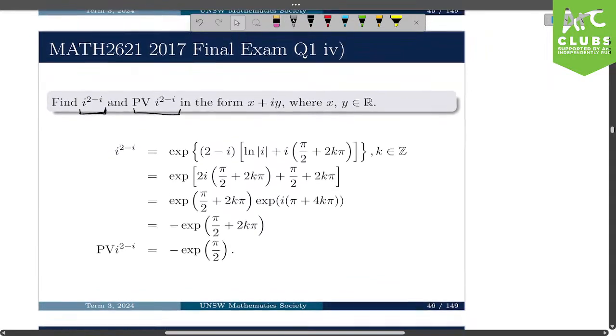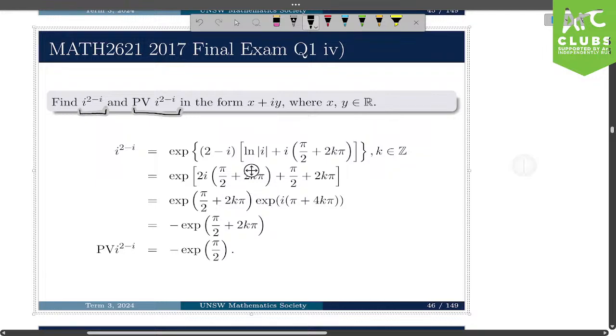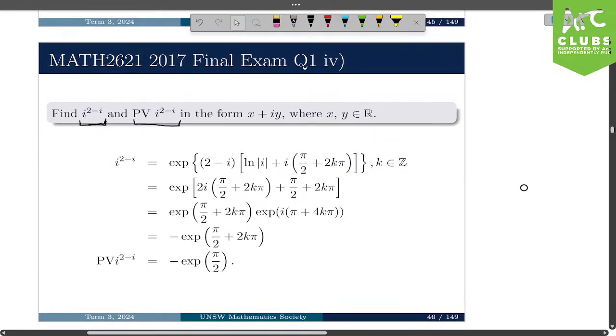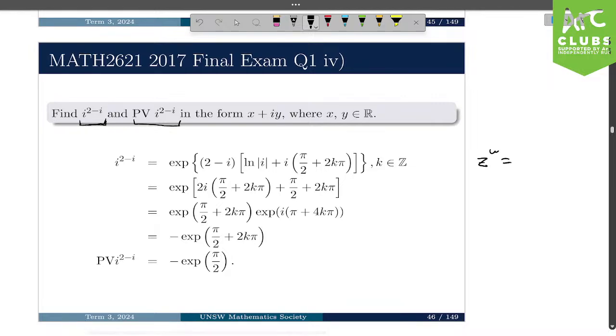So basically what we do is we just plug these values into our expression. We know that z to the w is equal to e raised to the w times log z, where log is the multi-valued log.